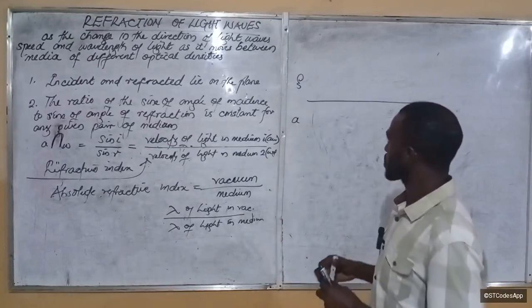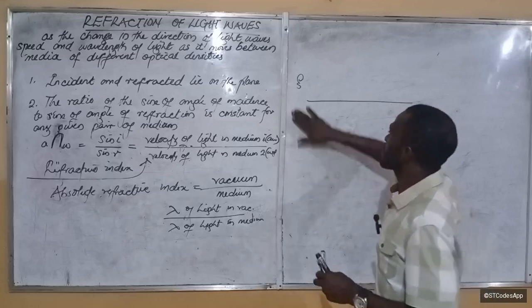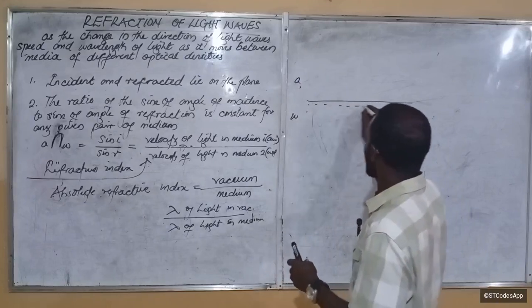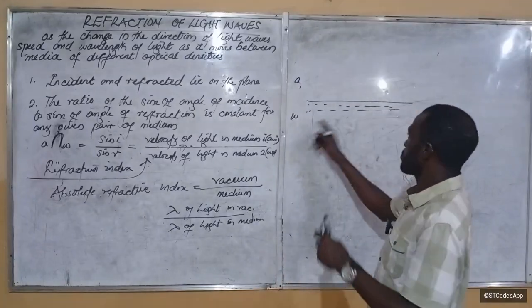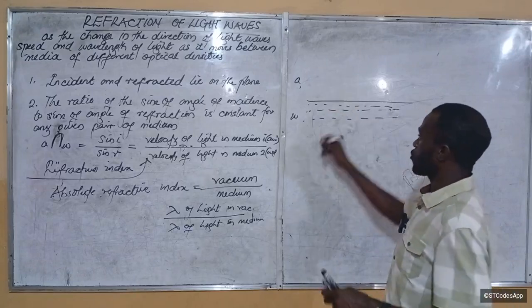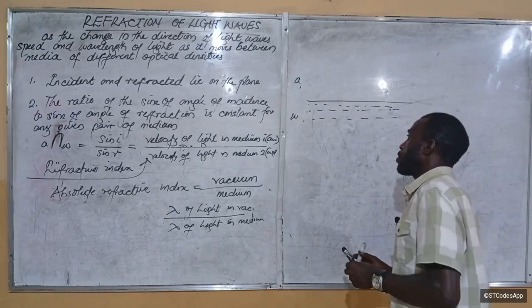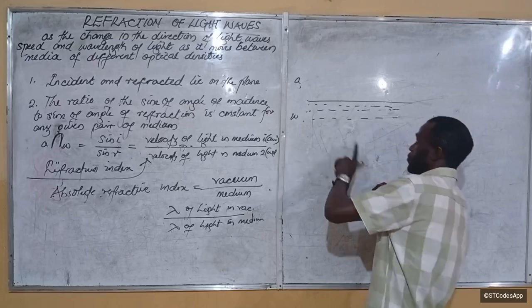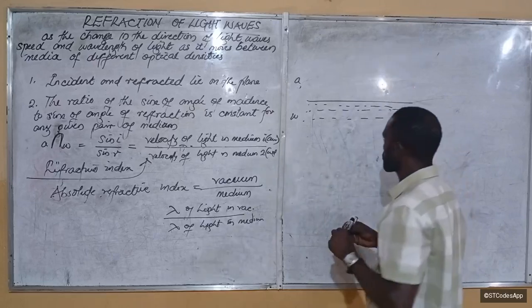No, let me still use water to air, the same diagram I drew here. So you understand, I'm going from water to air. I'm going to switch on my torch from inside the water to the outside. Does that make sense?